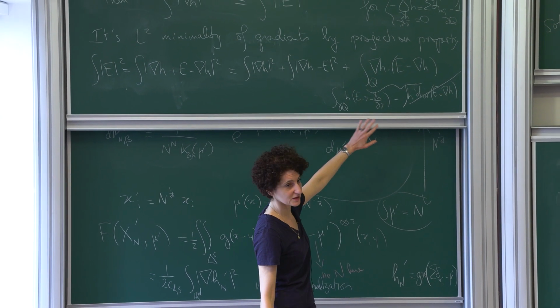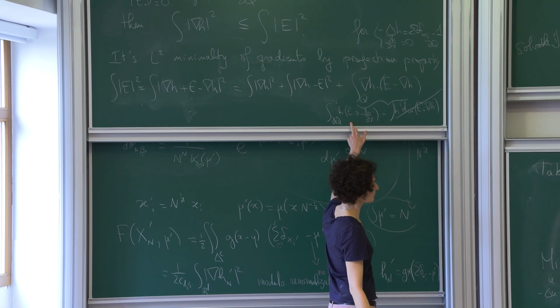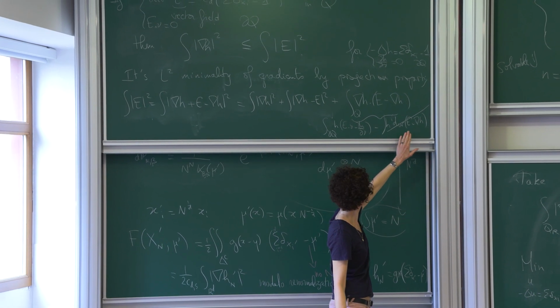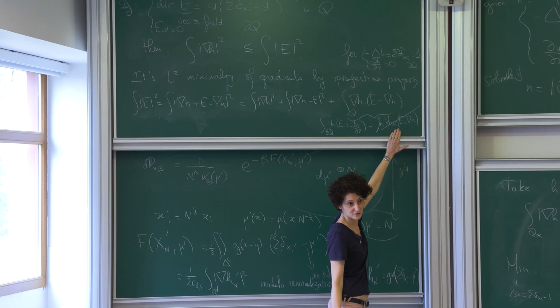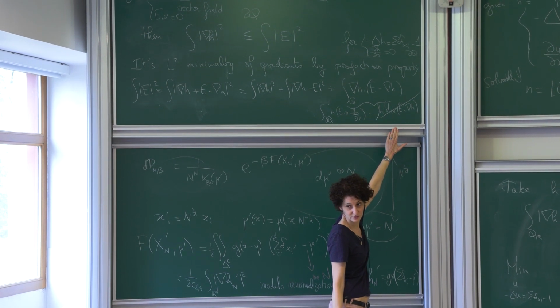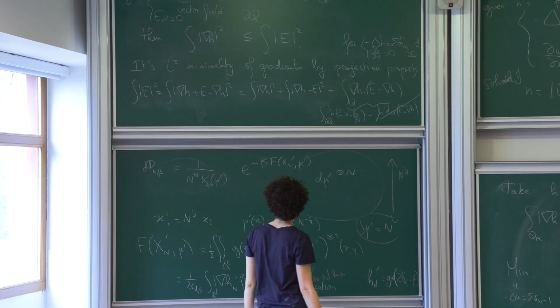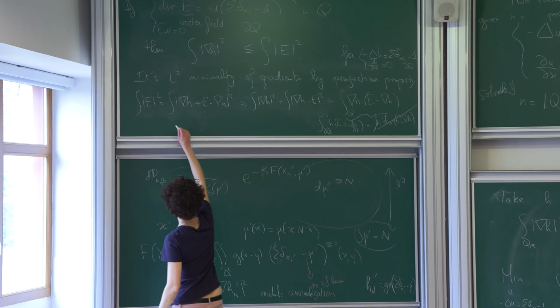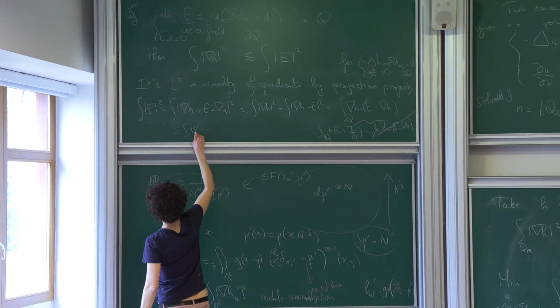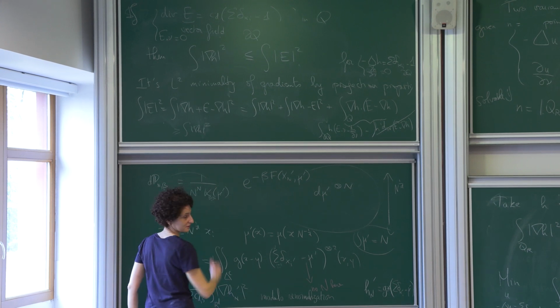Okay, so you make it so that the boundary term cancels. This divergence term cancels because they have the same divergence by construction. Divergence of gradient is Laplacian. And so you find that this is bigger than that.